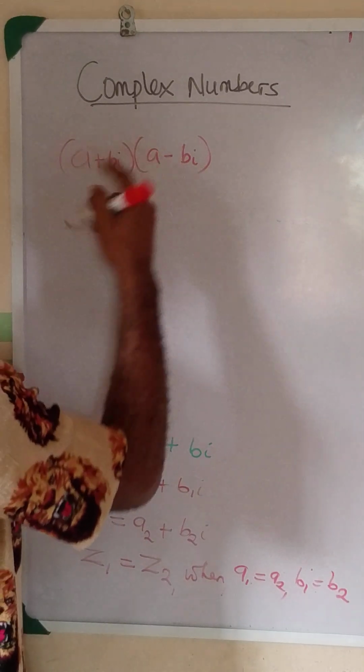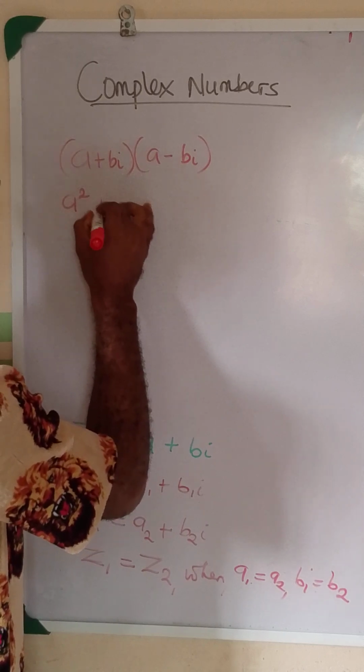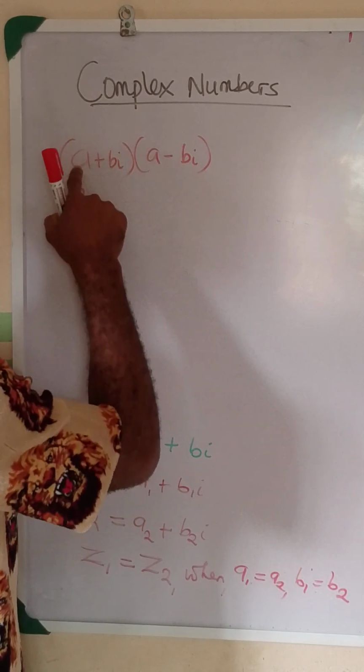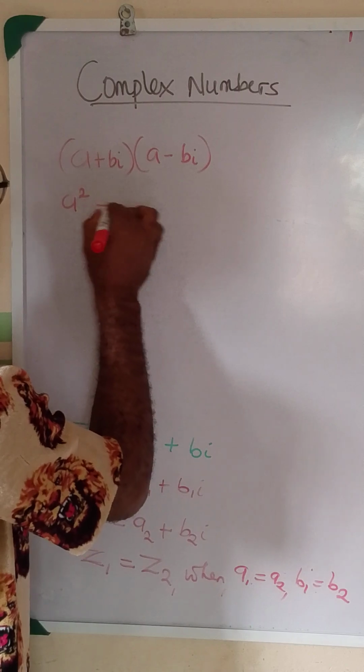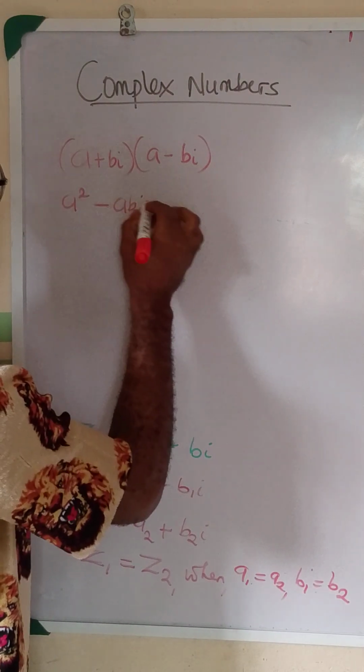We have a times a, which gives a squared, plus a times minus bi, which gives minus abi.